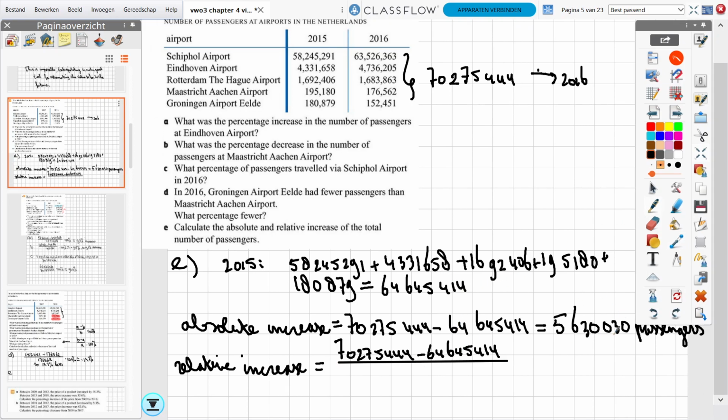What means you could have just copy pasted this, because what you see is that the absolute increase is actually in the numerator, but I copied it again, blame me, times 100%. Right, new minus old over old, which gives me approximately 5,630,000 times 100%, approximately 8.7% increase.